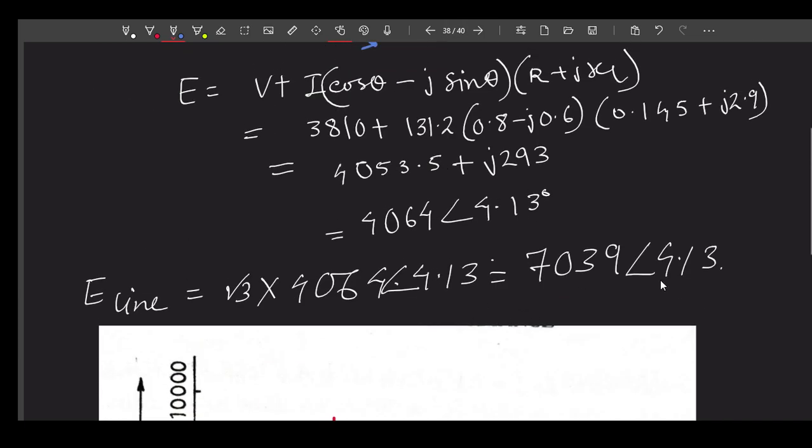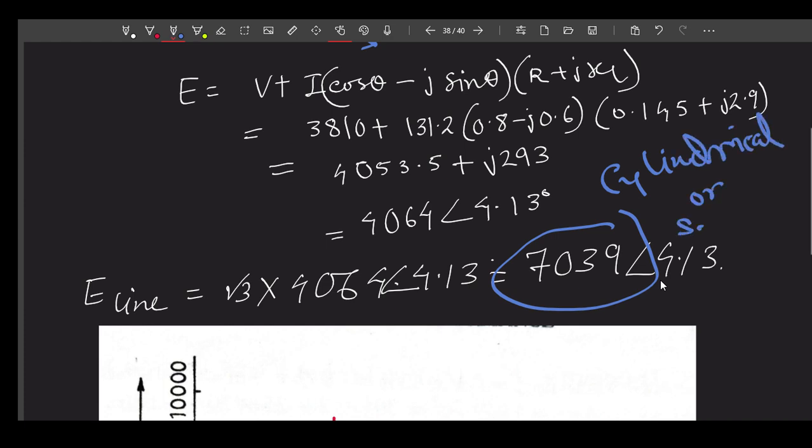See, this calculation remains valid whether you are considering cylindrical or salient pole. It is true everywhere because your winding XL is constant. For the given case XL is constant, R is constant, and XL and R have nothing to do with the saliency of your rotor, whether the rotor is cylindrical or salient. So these remain constant.